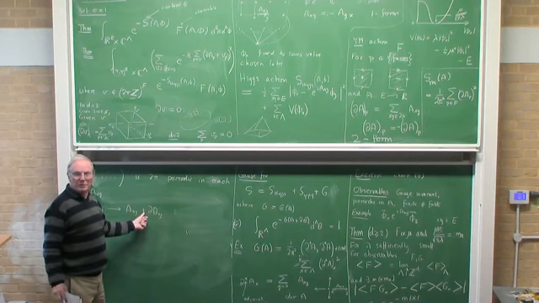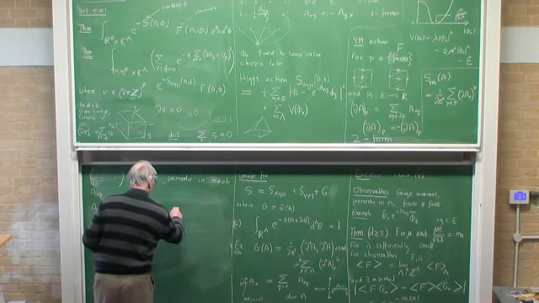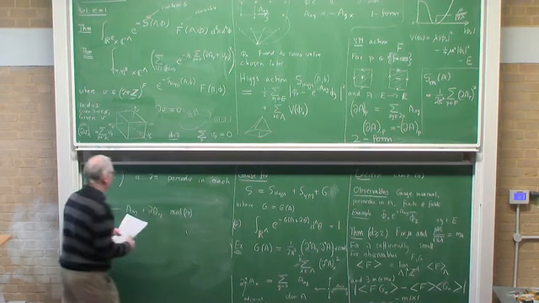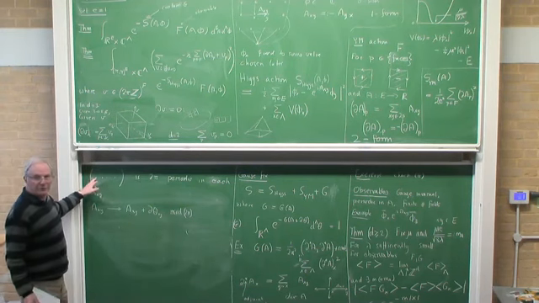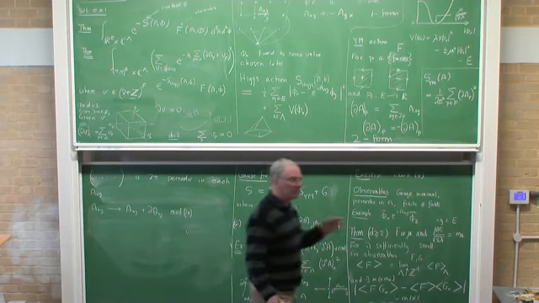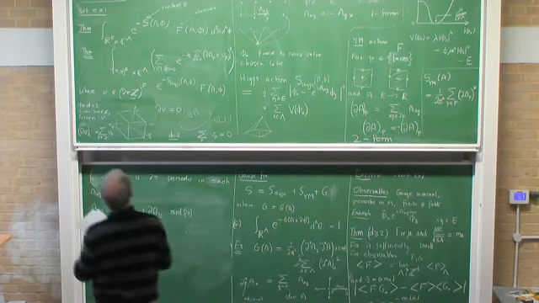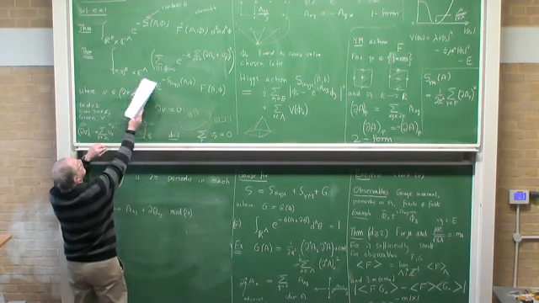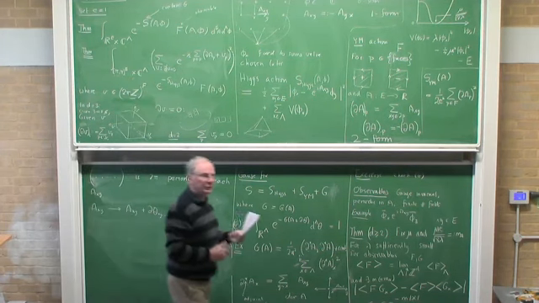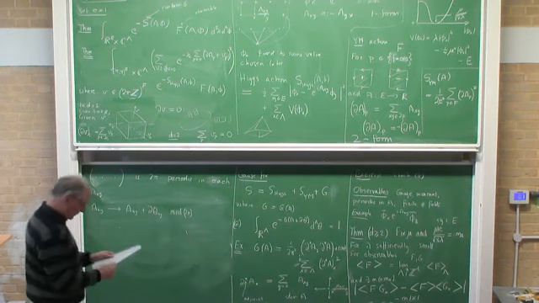I want it to be a mod 2 pi addition. And for that, I need this claim up here that everything is periodic in each A. Then I can make it a mod 2 pi addition. And then in that case, I stay on the same space that I'm integrating over when I do this transformation. That's the important point.